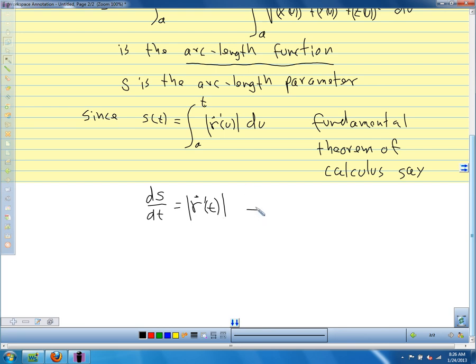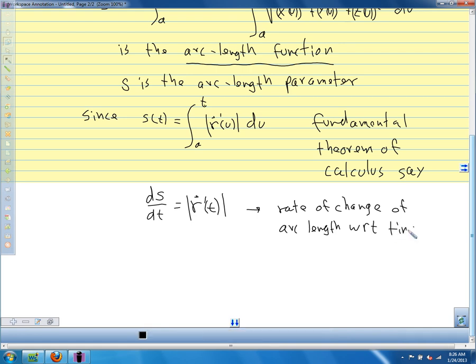So what this is saying is the rate of change of arc length with respect to time is the magnitude of r prime.